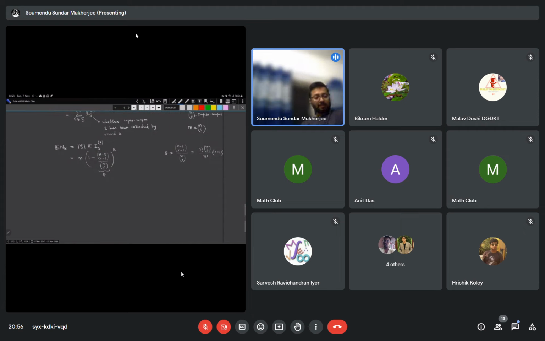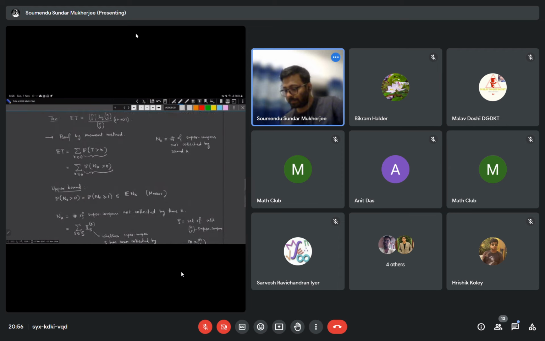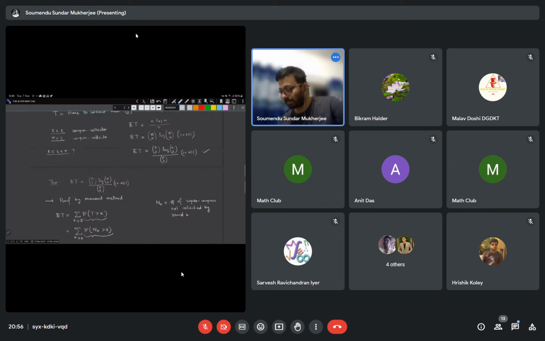So using this, let us compute the proof of the upper bound, that the expectation of T is really at most this.